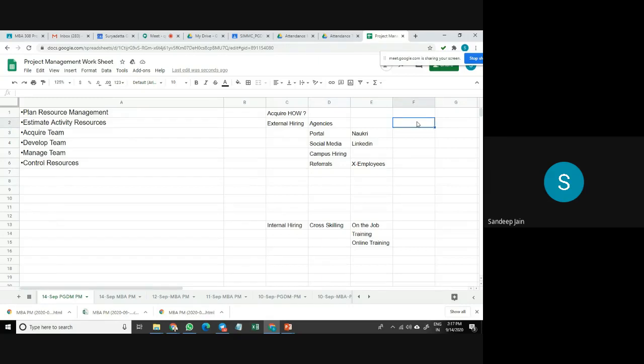And then how do you execute this process of hiring, whether through any of these means?